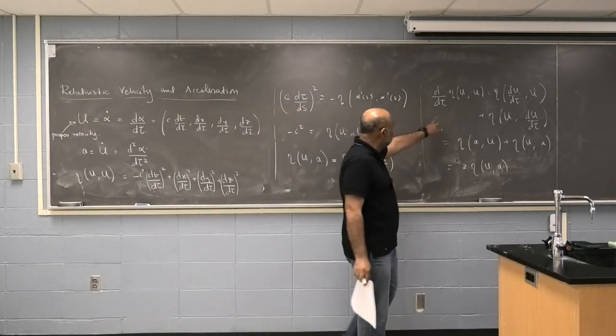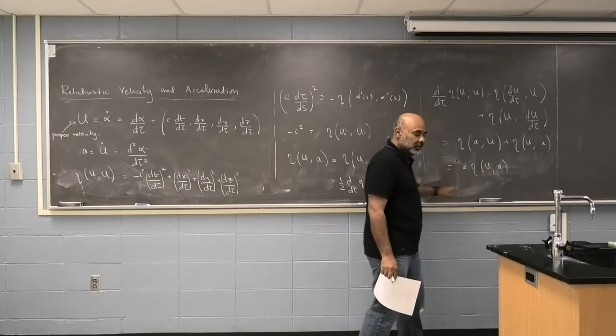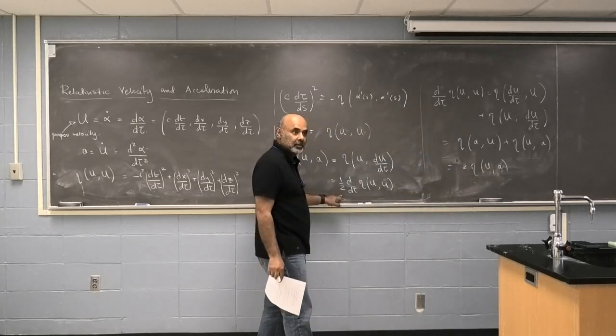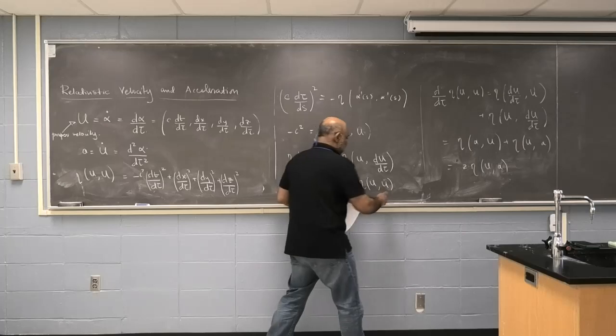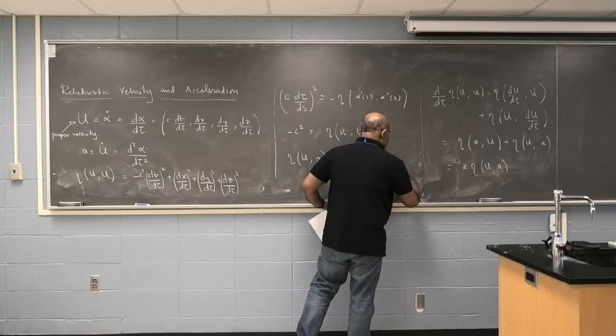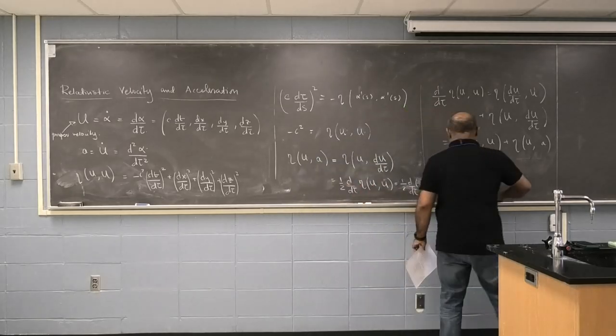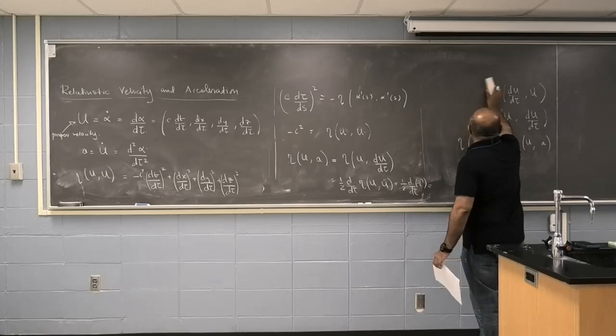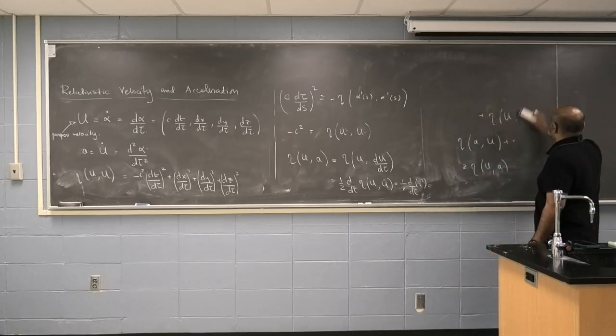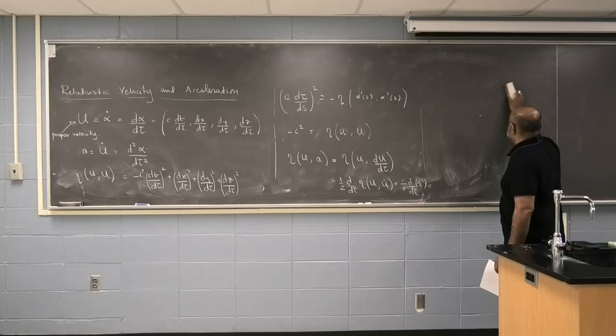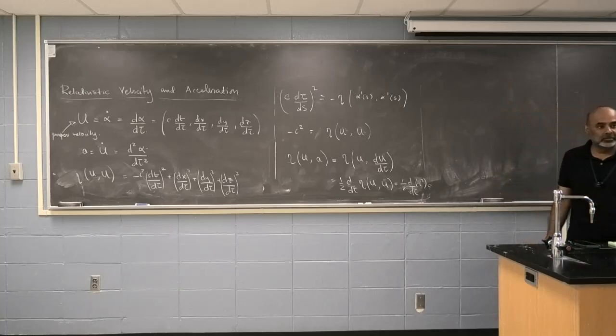But the problem is if I do this, I get twice as many. So I take 1/2. But now I go 1/2 d/d tau of minus c squared. What do I get?